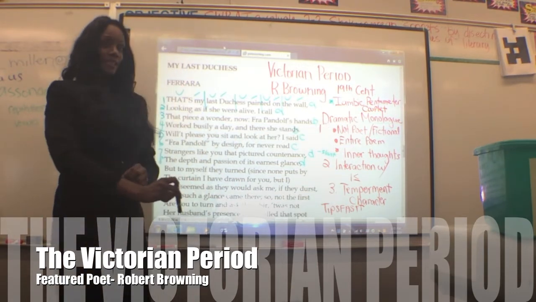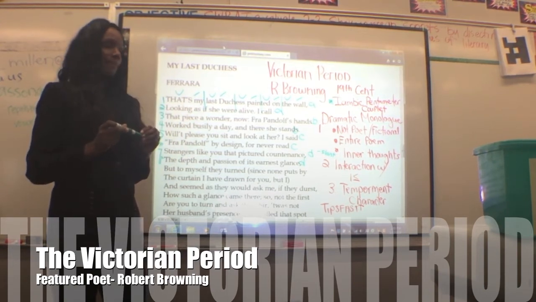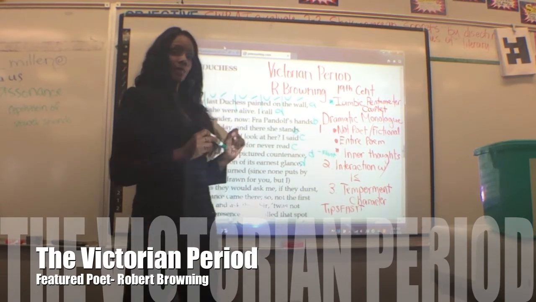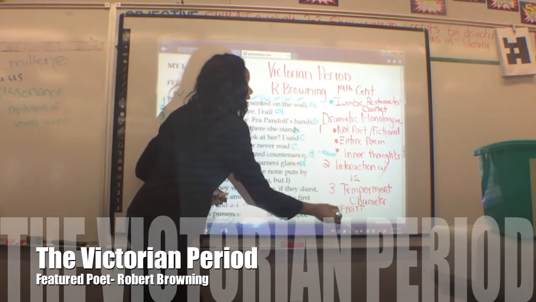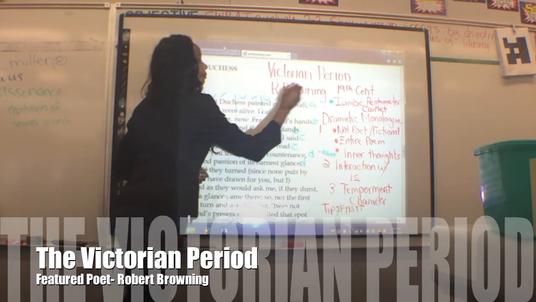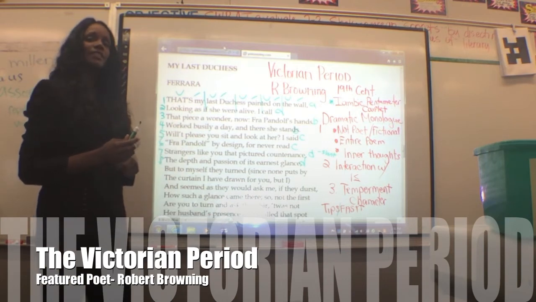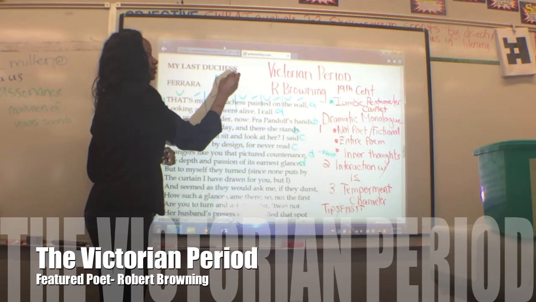Now, not only is it a lengthy speech, there are 3 specific qualities assigned to that. One is it's not the poet. So the speaker in this case is not Robert Browning. Robert Browning has assigned it to someone else. In this case, you can refer to him as the Duke.